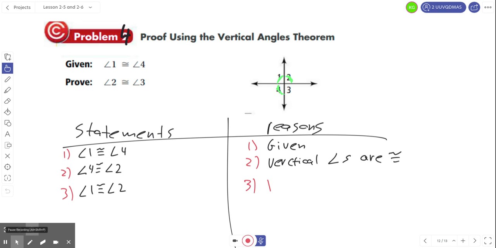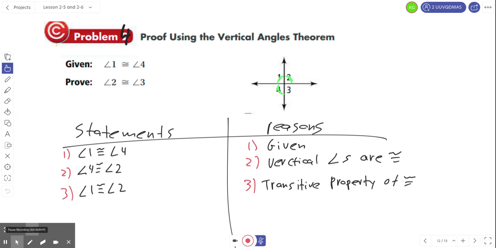That is the transitive property of congruence.